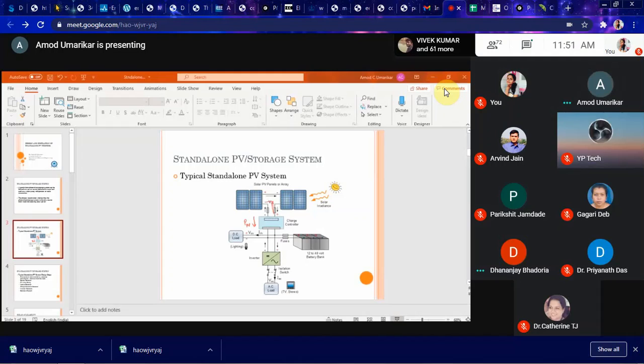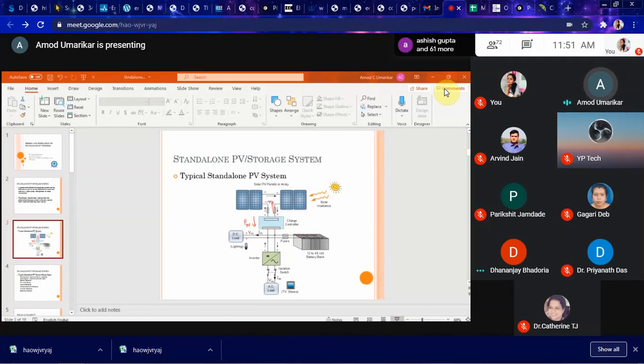Irradiance is actually solar insolation integrated with respect to time. So we have 1 kilowatt per meter square, and this is 1 kilowatt hour per meter square.